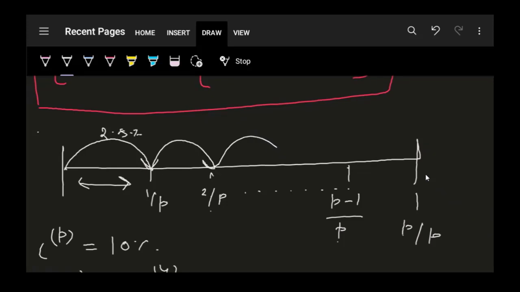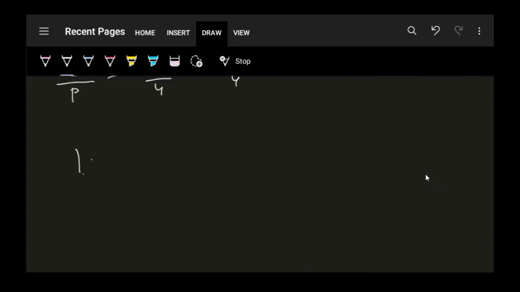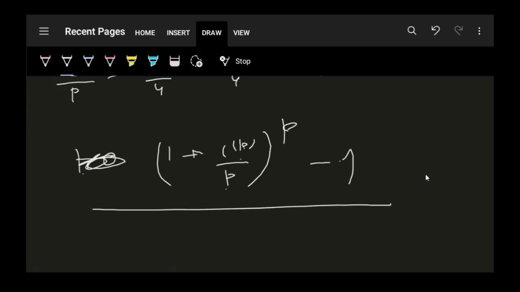So I will earn like this, and finally to get the complete effective rate, it will be 1 plus i^(p) upon p, that is the effective rate in one duration, to the power p and minus 1 to get the rate.